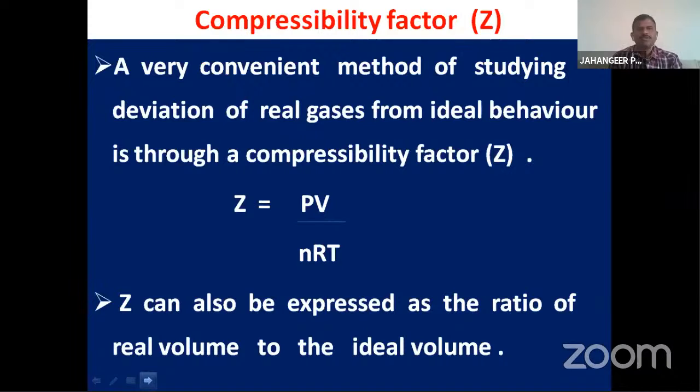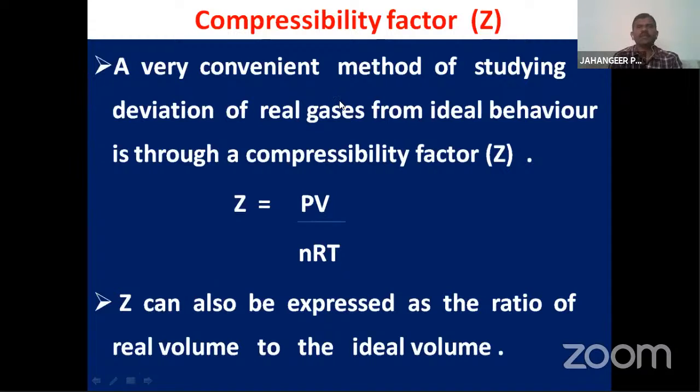To measure the deviation of real gases from ideal gas behavior, we have one method known as the compressibility factor.